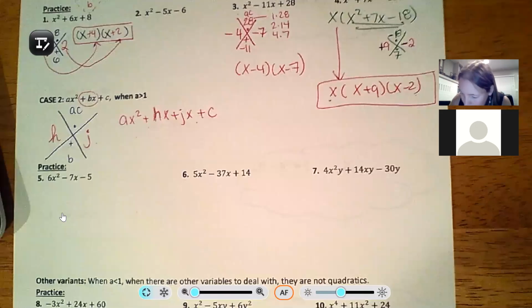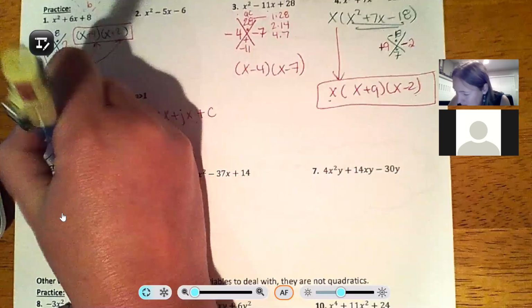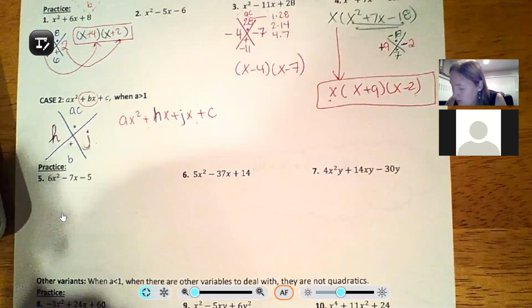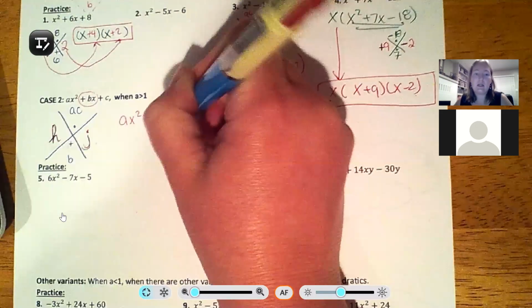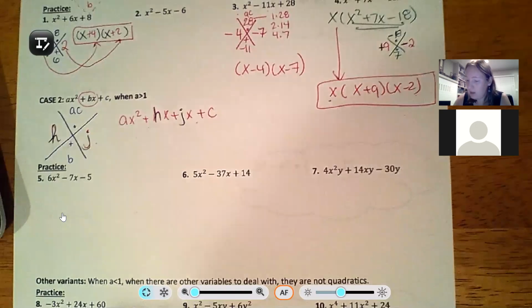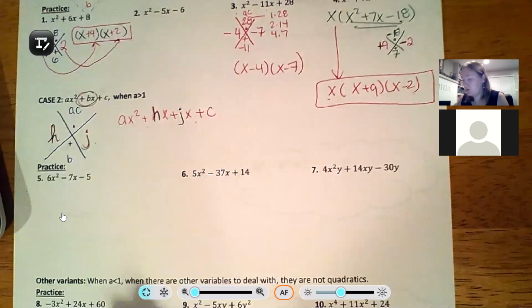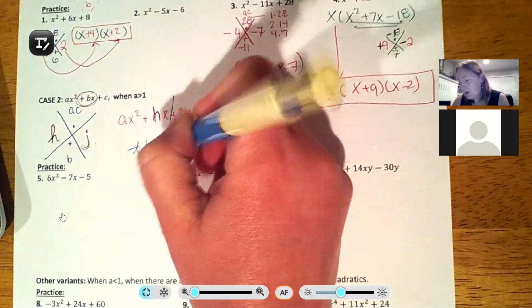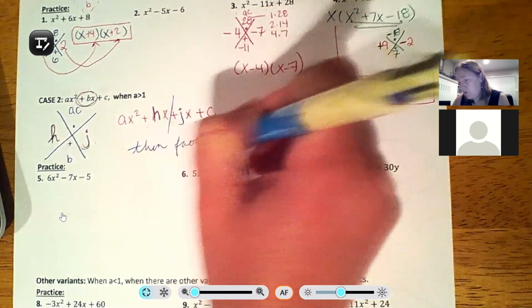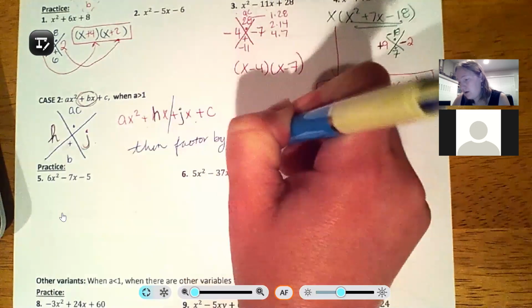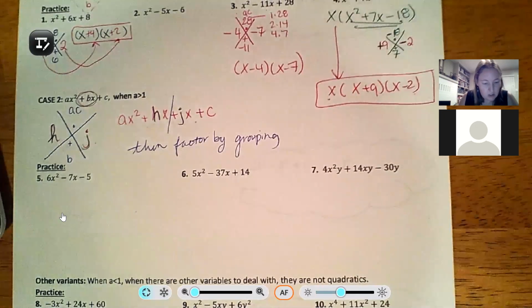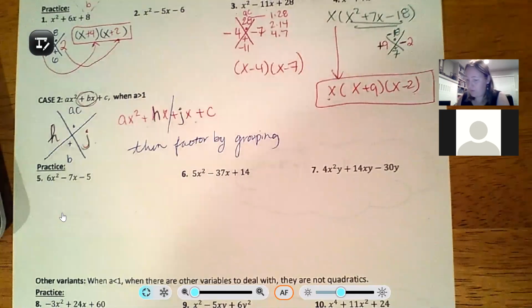So again, this and this allow you to break up that middle term so that it's factorable. So now we're going to do the grouping. So then factor by grouping. So let's try one. Let's do this first one.